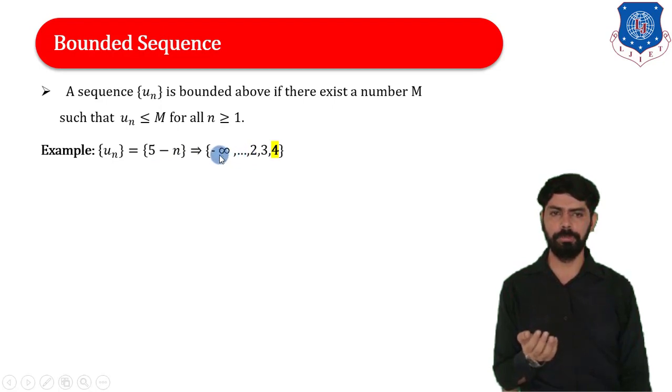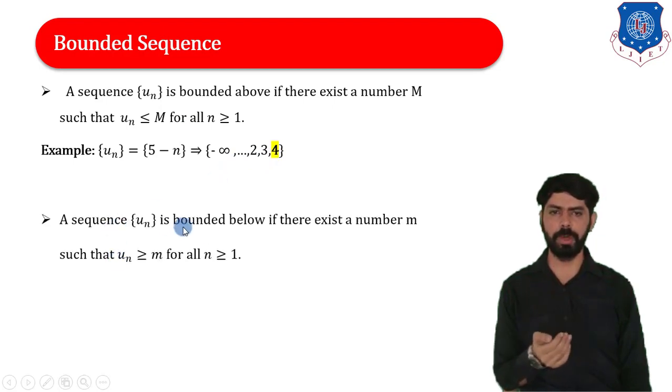So on, and at last it will be minus infinity. Here you can see that all terms of the sequence are less than or equal to 4. Therefore, we can say that this sequence is bounded above by 4, because all terms of the sequence are less than or equal to 4.